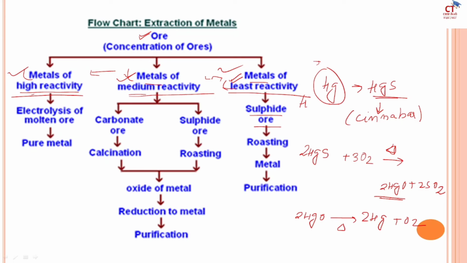Okay, this is how we get metals that are less reactive. We give heat, as a result there is a formation of HgO, then this again is heated to finally get the metal.